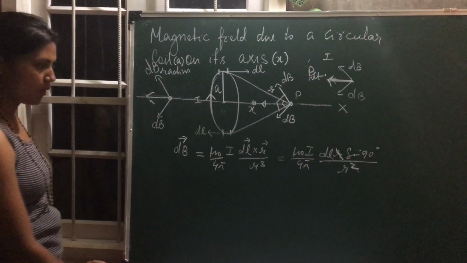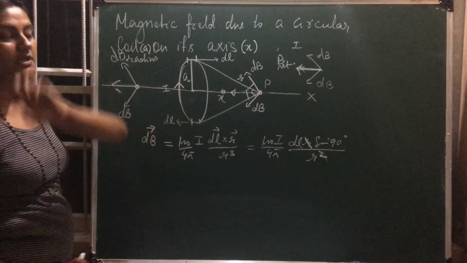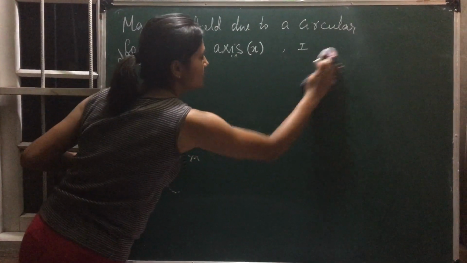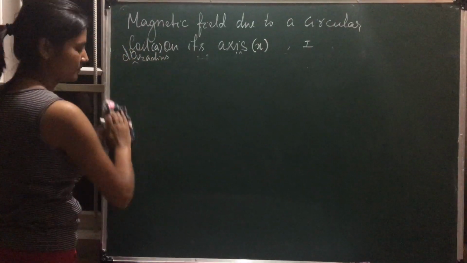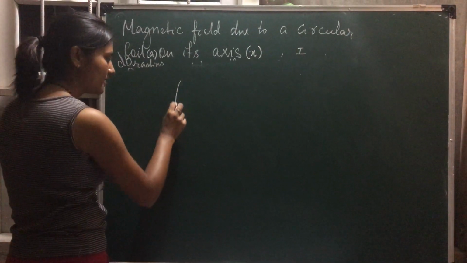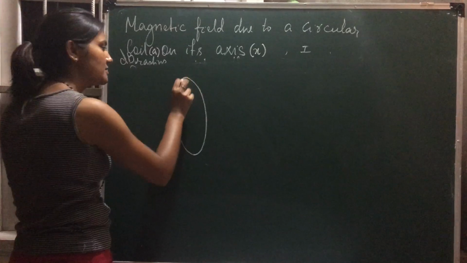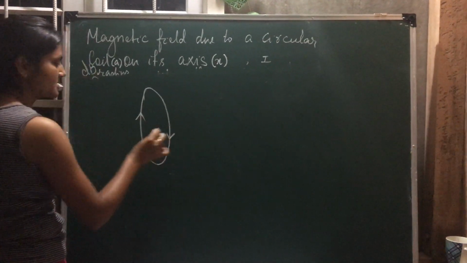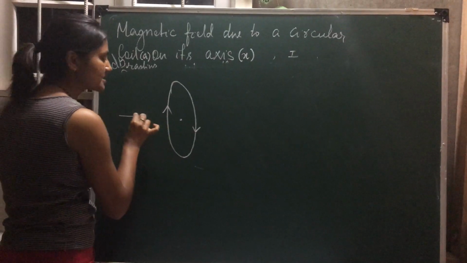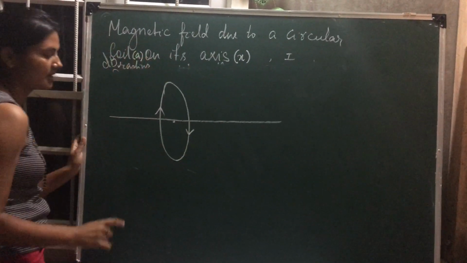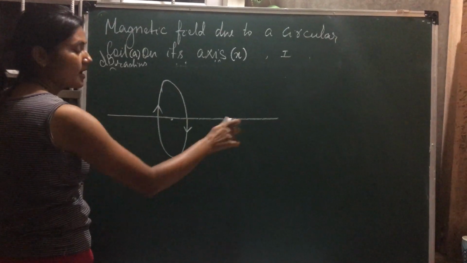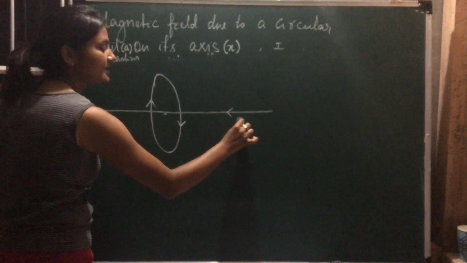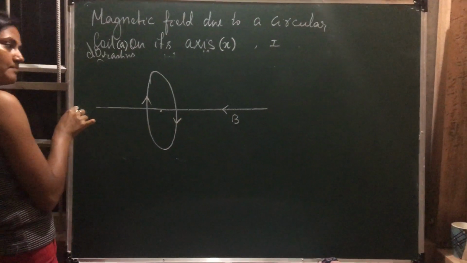So from all these explanations, what I am going to tell you is one thing. Suppose here is a circular coil in the YZ plane. The current is going in the clock sense. On the axis, the magnetic field is directed in one direction only.